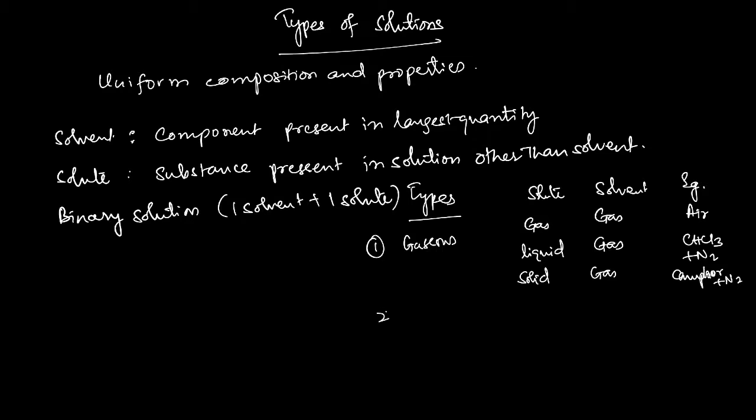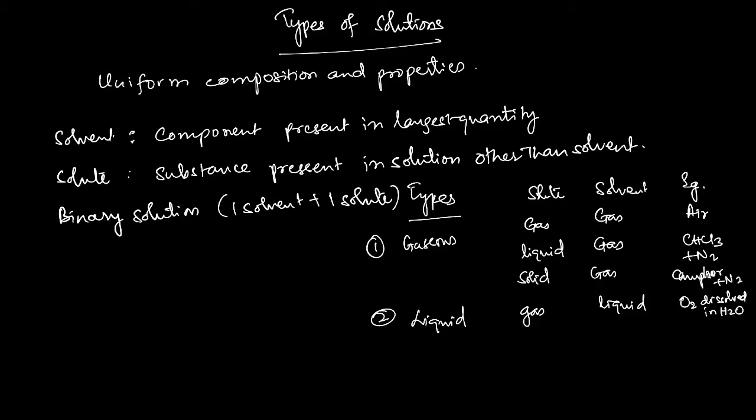Second type of solution is liquid solutions. So in liquid solutions, solvent is liquid. So solute can be gas. This is a very important example here: O2 dissolved in H2O.